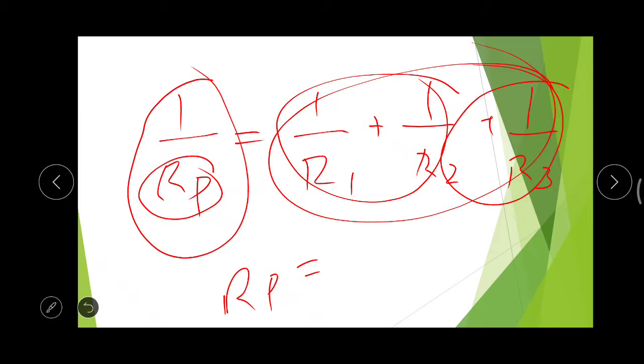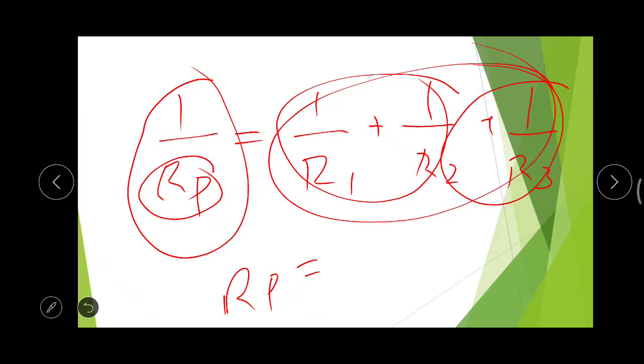If you add the first two, it will be R1 plus R2 divided by R1 R2, plus 1 by R3, that is R1 plus R2 plus R3 divided by R1 R2 R3.